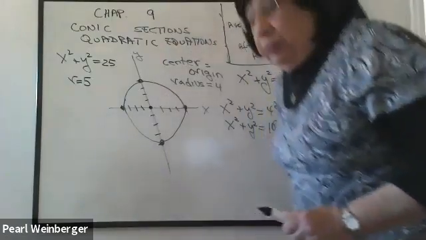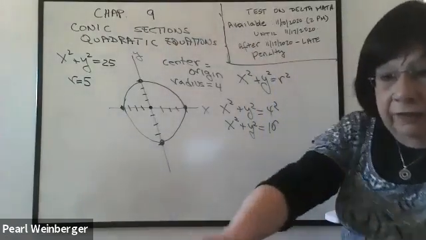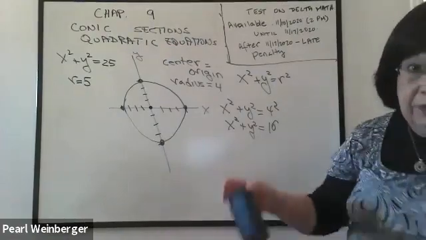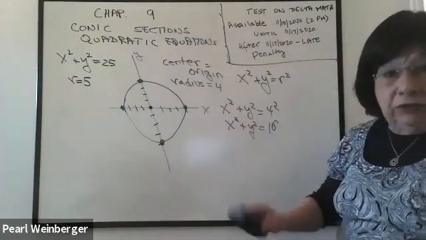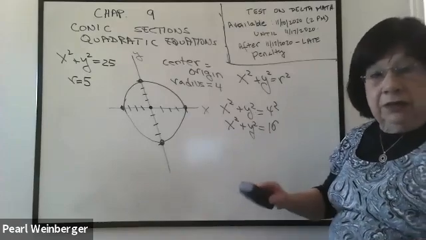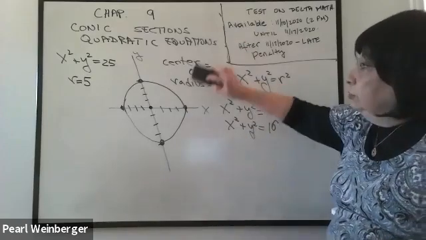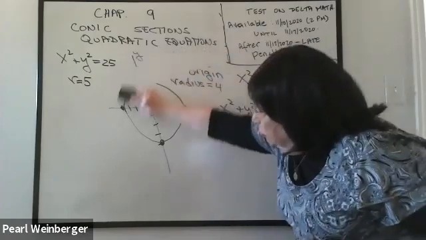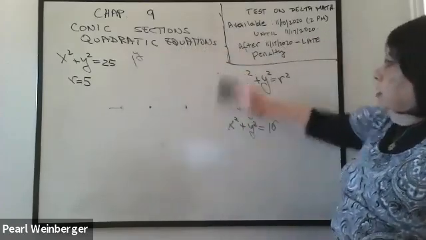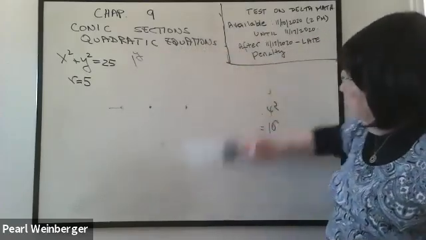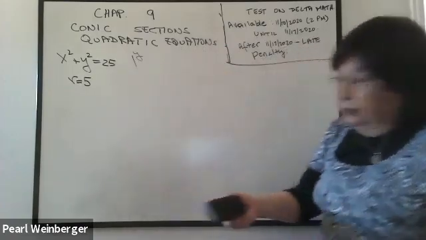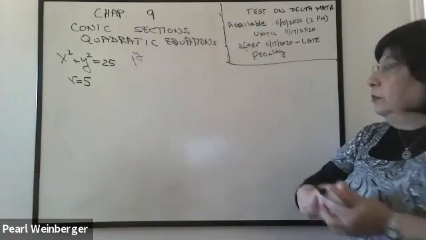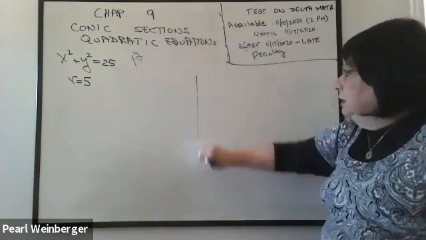Now, not all circles have their center at the origin. What happens if I have a circle where the center is someplace else? So let's look at that. That's a little bit more complicated.